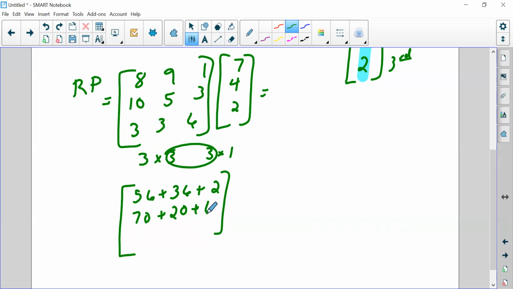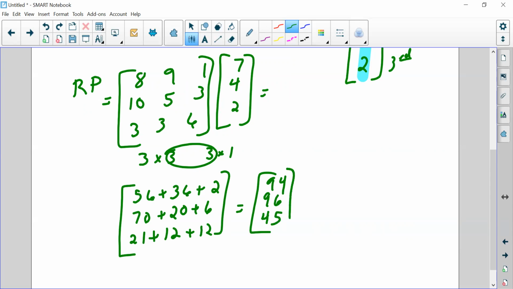And then third row, first column. And let's add each of those together. 56 plus 36 plus 2, 94. Okay, 56 plus 20 plus 6 is 96, wait, 56 plus 20 plus 6. 21 plus 12 plus 12, 45. Okay.